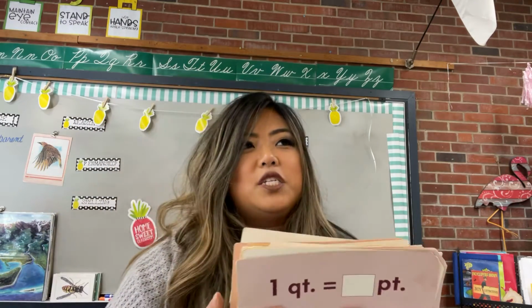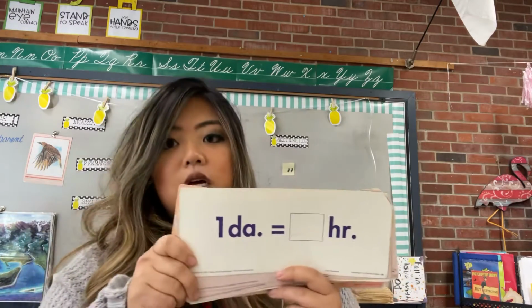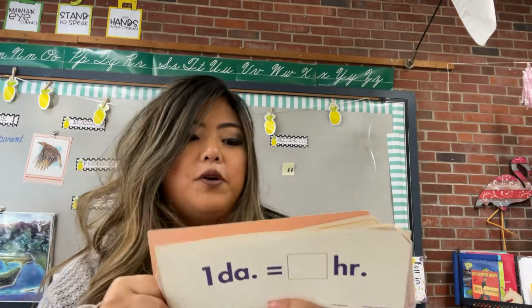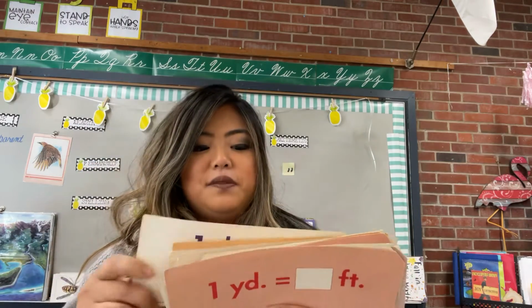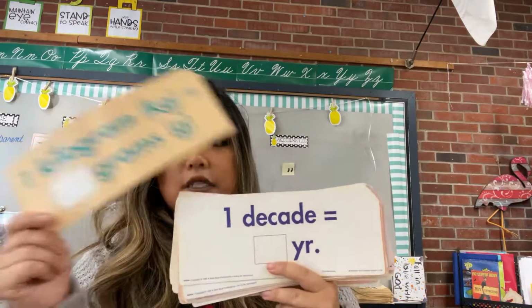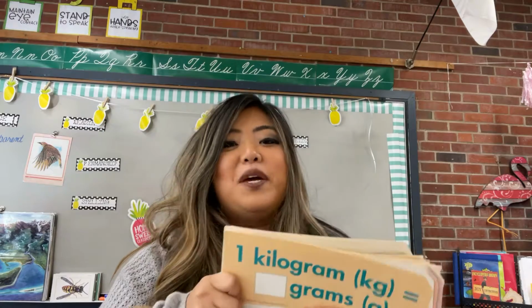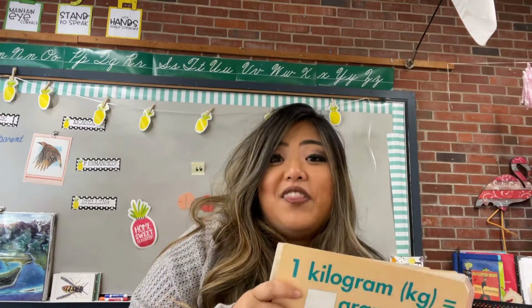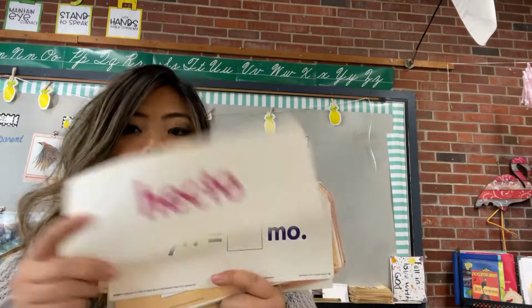Each queen had 2 princesses. 24 hours in a day. This is 3 feet. Deca, 10 years. Kilo, we don't know this one yet, but you should because you know your prefix. This is 1,000. Year is 12 months.